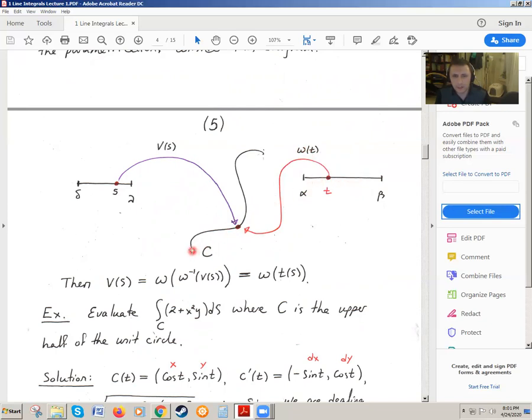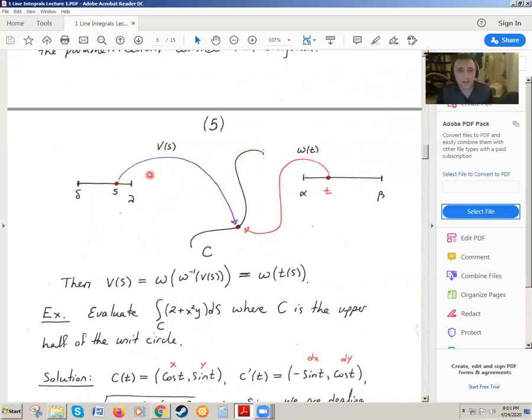Maybe two different people are walking along the same curve, and they are in different places on this curve at different times. But let's say this person, v of s, is walking and is not going to return to a place visited. He's not going to go back. He's just walking onwards along the curve, like I'm showing with this red marker. Maybe the other guy is walking in the opposite direction. That doesn't matter. That's a different parameterization, as long as you are not going back on your path, not returning to a place that you already visited.